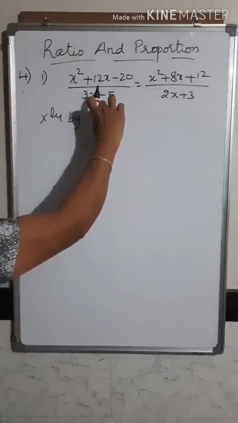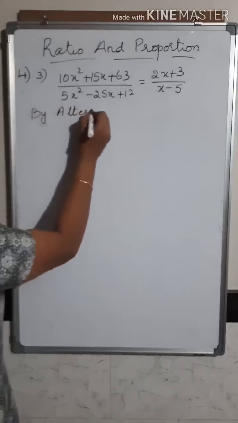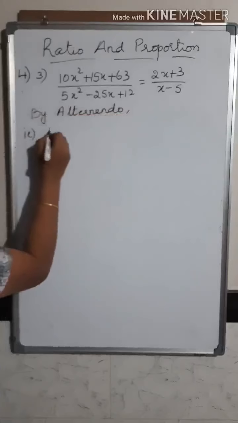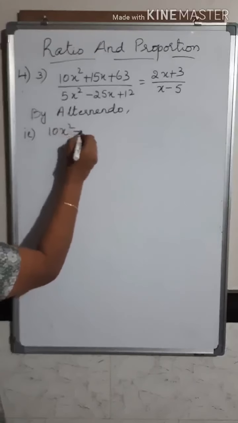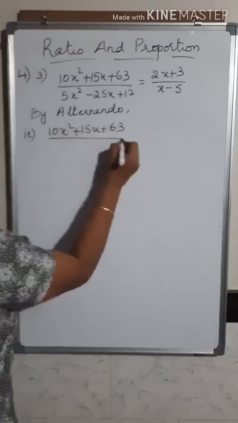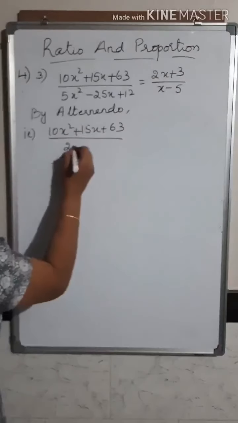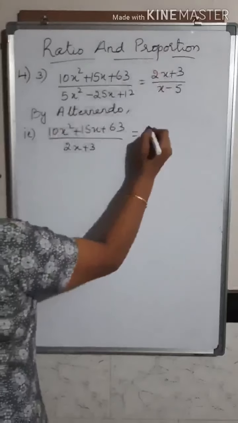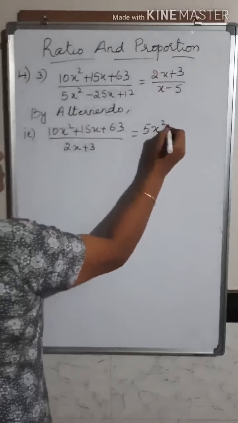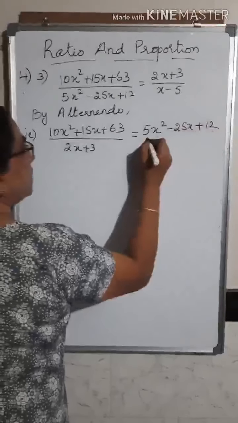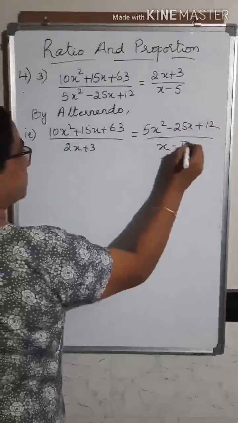So first by alternando, what you get is 10x square plus 15x plus 63 upon, bring this 2x plus 3 to the denominator. And this you have to take to the numerator, the other side. 5x square minus 25x plus 12, and write this as it is.